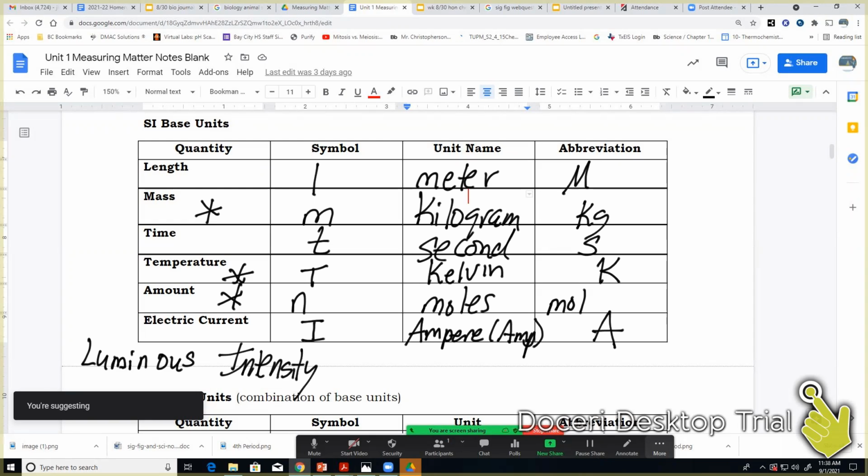Luminous intensity is measuring how bright a light is. The symbol is IV, which looks like a Roman numeral. Candela is the unit, and then cd would be the abbreviation. Once again, it's something you might come across in physics, not so much in chemistry.